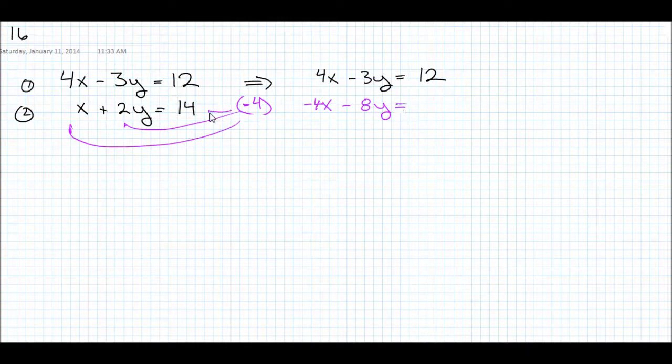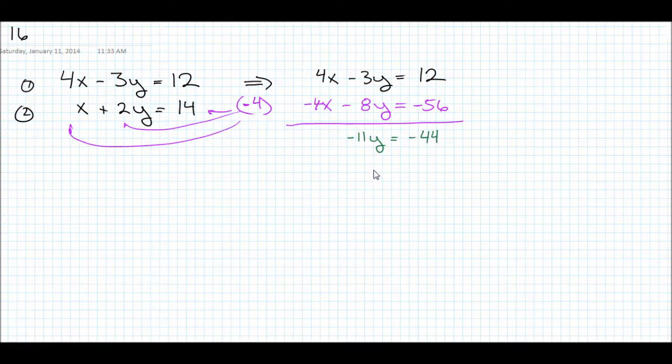And negative 4 times 14 is negative 56. So now we can add these up to eliminate the x. So 4x minus 4x is 0. Negative 3y plus negative 8y is negative 11y. Okay, 12 minus 56 is negative 44.